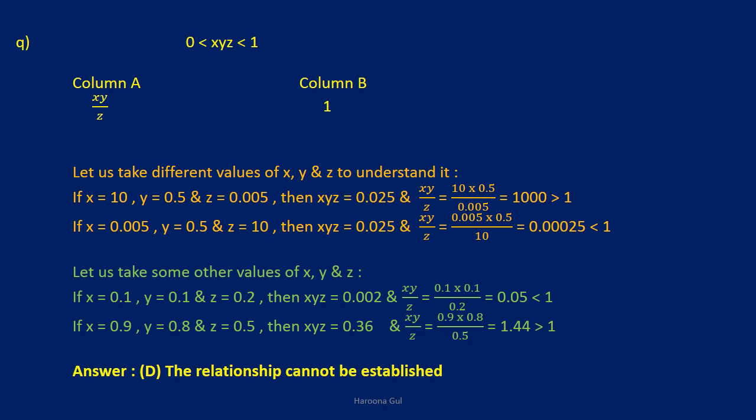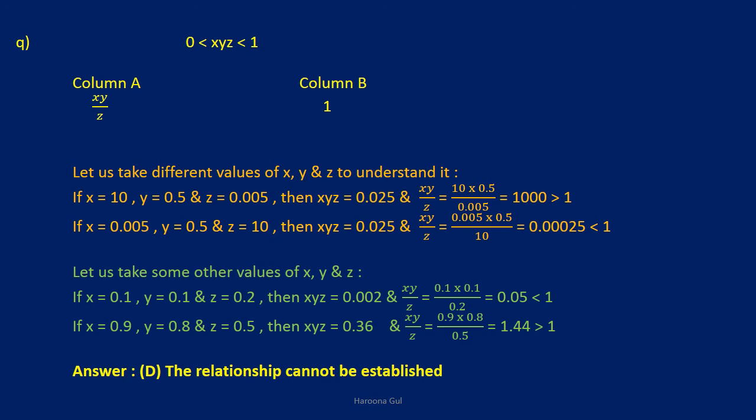So if x is equal to 10, y is equal to 0.5 and z is equal to 0.005, then x into y into z will be equal to 0.025. And xy over z will be equal to 1000, which is obviously greater than column B, that is 1.